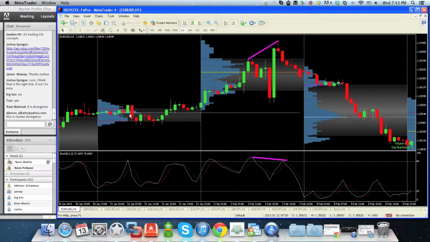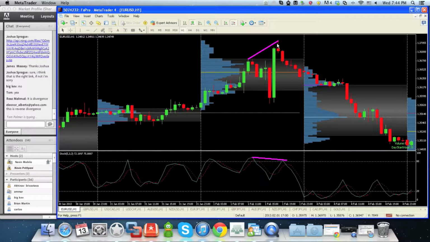If you're checking out the lows, you're going to draw the lows. Of course, these rules may go against some of the rules that the traditional books tell you, but I really don't care about the traditional books. I go with what I see, as you guys have already noticed. So in this particular concept, the price is going higher here, and the indicator is going lower here. And this is where the market actually turns around.